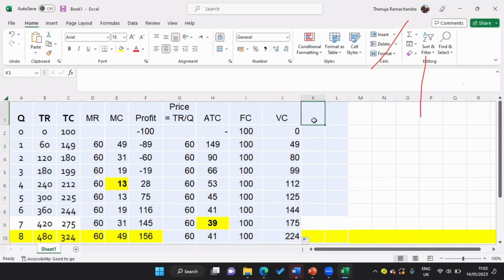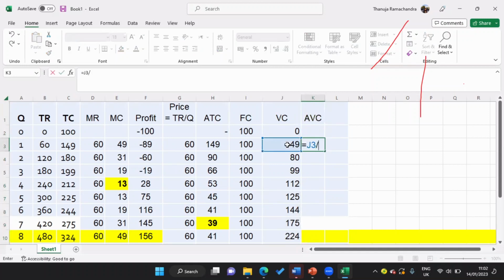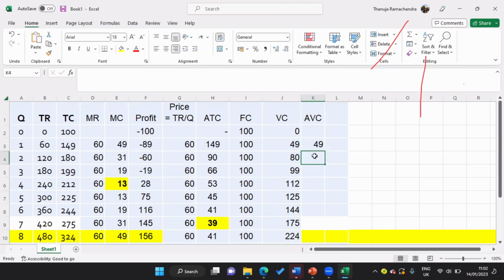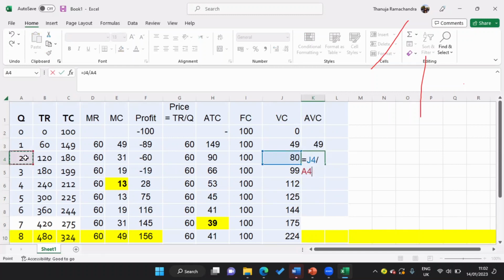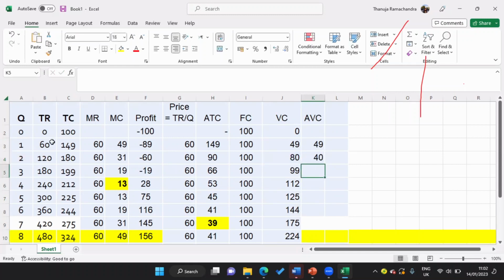If we take the average variable cost, it is total variable cost divided by Q. Two units producing 80, and the next, 99, is for producing 3 units. So the average variable cost will come down, decreasing, then increase.